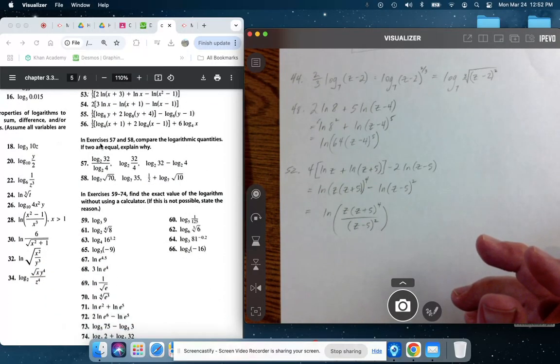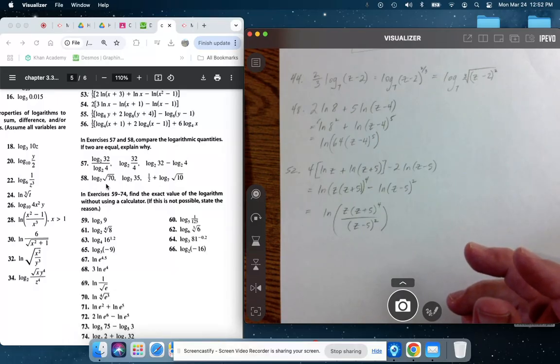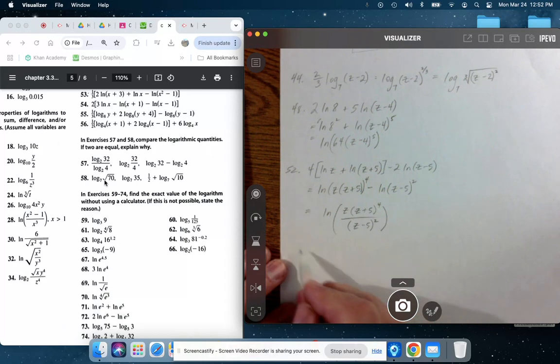What's going on here? Exercise 57 and 58. Compare the logarithmic quantities. If 2 are equal, explain why. Alright, we'll look at 58.